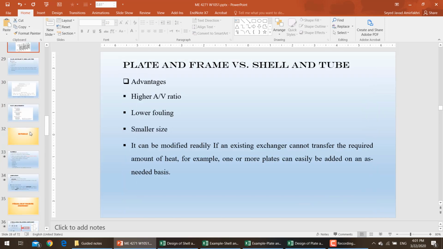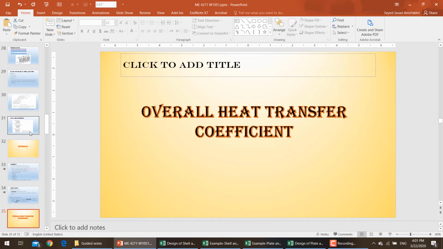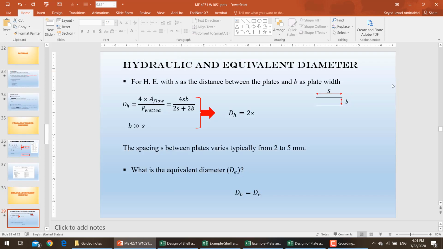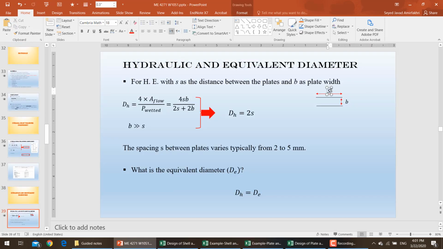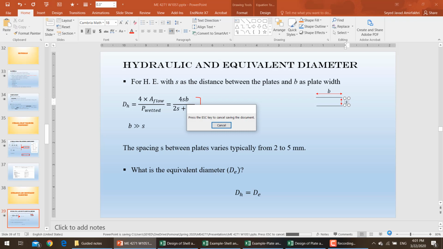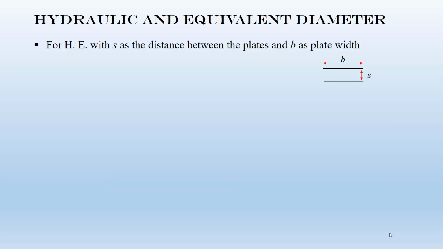This is B, and then this is the S. So if we assume that S is the distance between the two plates, assume that this is a two plate arrangement for the plate and frame heat exchanger, and B is the width of the plate, correct?